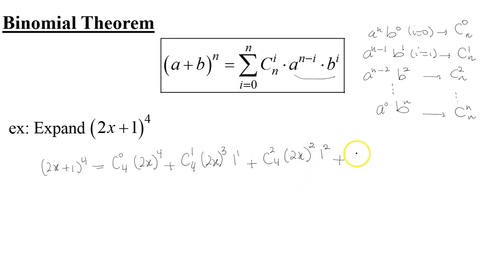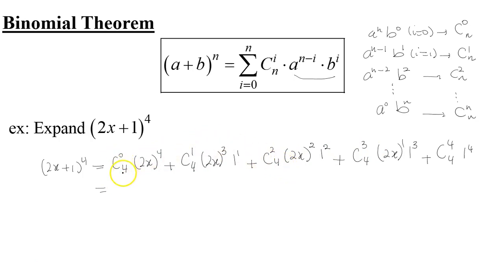And that's the combination of 3 out of 4 times a, with the exponent decreased again so it becomes 1, and we increase the exponent of b by 1, adding finally the combination of 4 out of 4. a has now an exponent of 0, so that's a 1, and b has an exponent of 4. However, 1 to any exponent is 1, so we're going to disregard these.